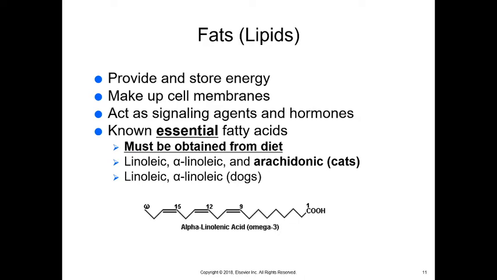So cats, for instance, need to have linoleic, alpha-linolenic, and arachidonic acid in their diet. Cats also need taurine in their diet, because that's an important part of how their heart muscle functions. That's something we'll come across later, but we need to have these essential fatty acids in the diet in order to provide what the cat needs. For dogs, they just need linoleic and alpha-linolenic acid.